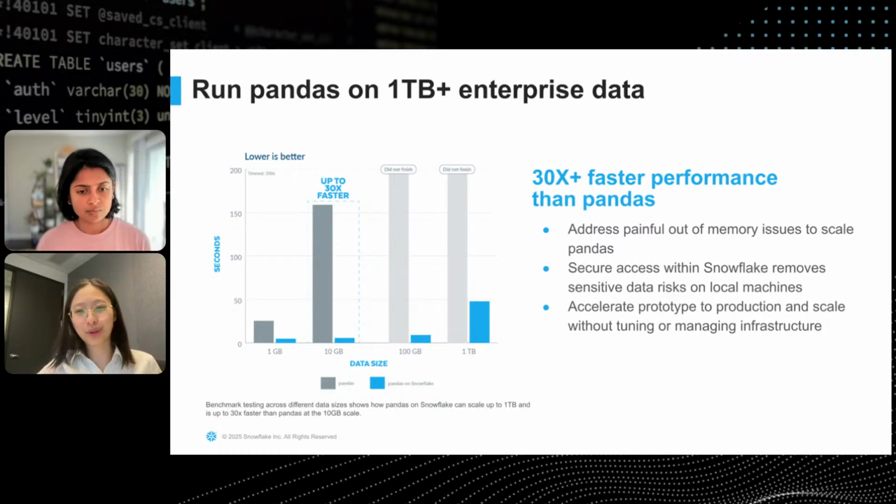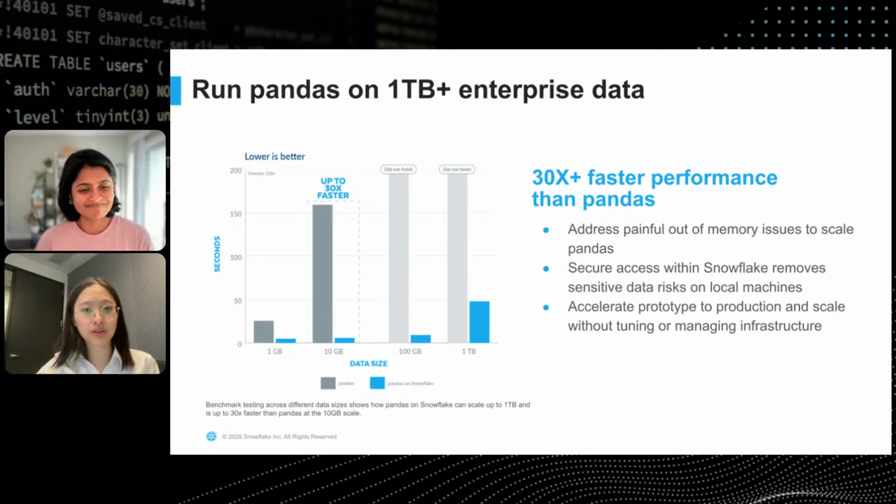I don't want to bore you with the numbers, but these numbers are really, really impressive. The gray bar here shows the performance you would expect if you were running regular pandas on your local machine or something. And then the blue bar is the performance of pandas on Snowflake. A couple things I want to call out here: on the two gray bars on the right-hand side, beyond a certain scale, pandas doesn't even run.